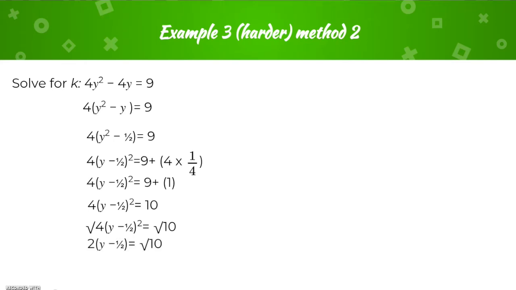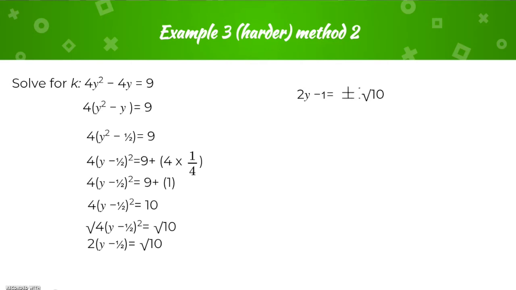So you end up having this, as I said. Then you simply solve for y. But in order to do that, you need to first do the FOIL method with the left side of the equation. So you have 2y minus 1 equals plus or minus square root of 10.